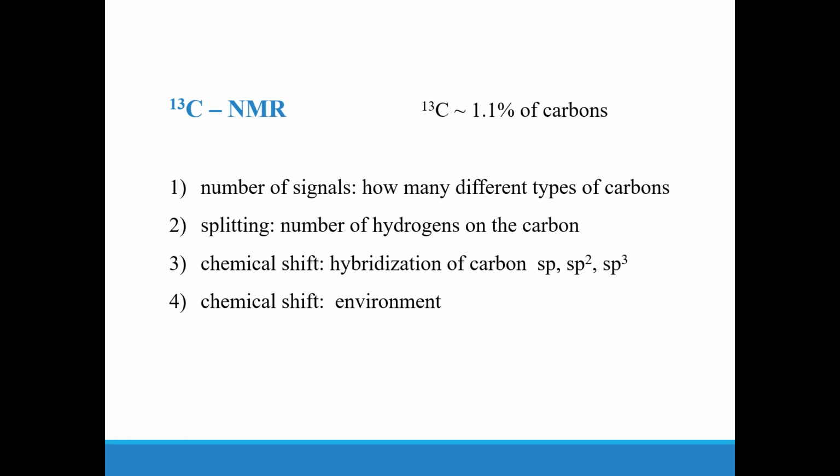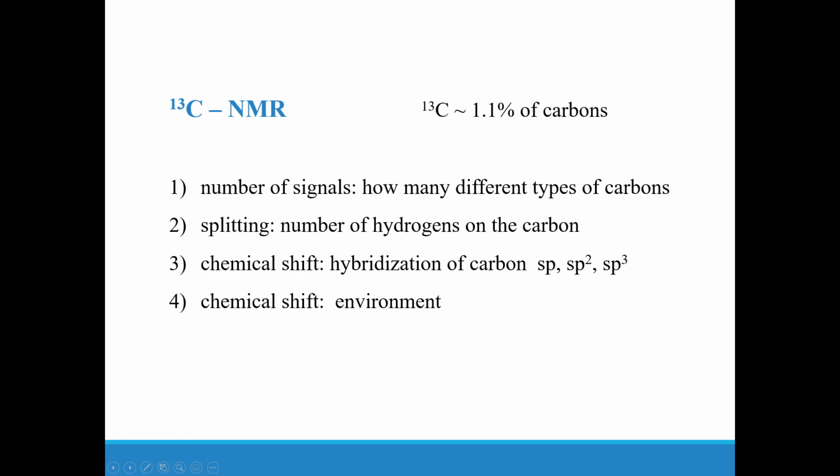So that is everything I have for proton NMR. The last bit I have is a bit on carbon NMR. Carbon NMR utilizes a specific isotope of carbon, carbon-13. Carbon-13 makes up about 1.1% of all carbons, and it's a completely stable isotope.